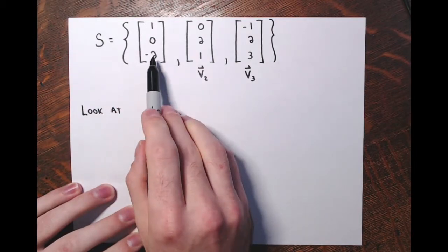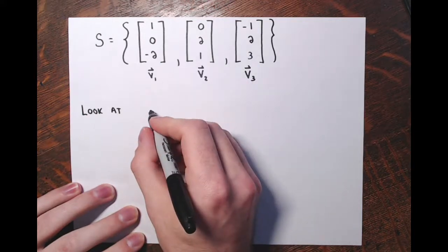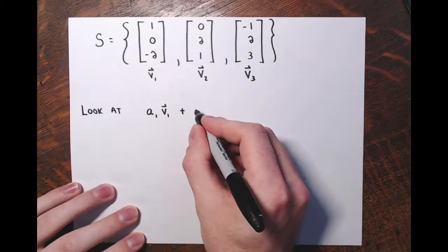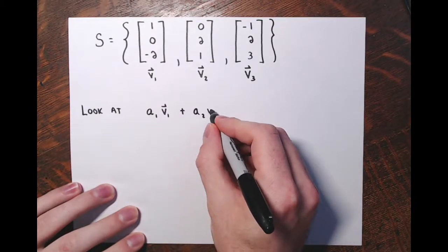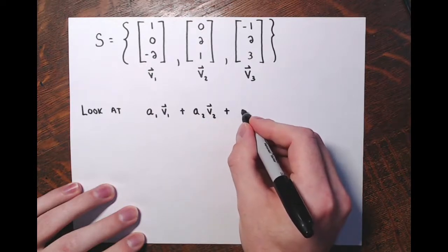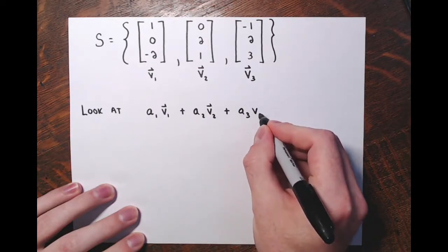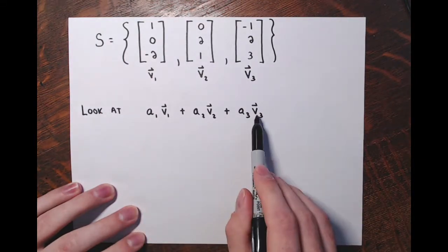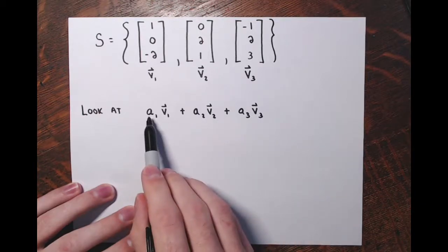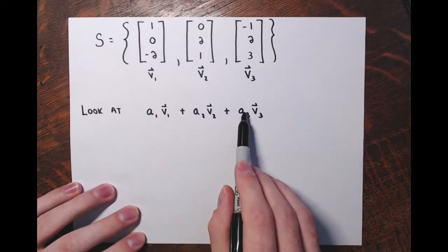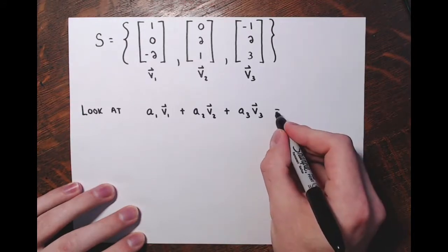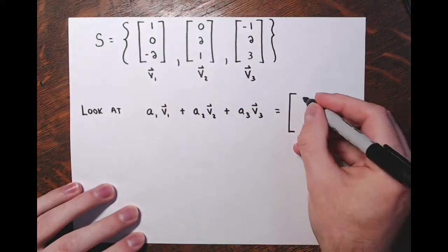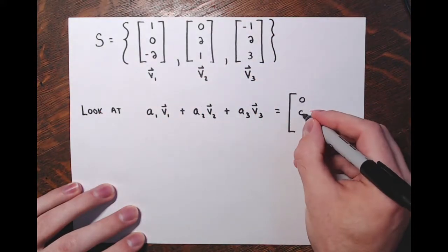Take a linear combination of the vectors: some number a1 times v1 plus some number a2 times v2 plus some number a3 times v3, and then ask yourself, is there a linear combination? We're going to try to find a1, a2, and a3 that make the 0 vector. Here, these are all vectors with 3 components, so the 0 vector has 3 zeros.